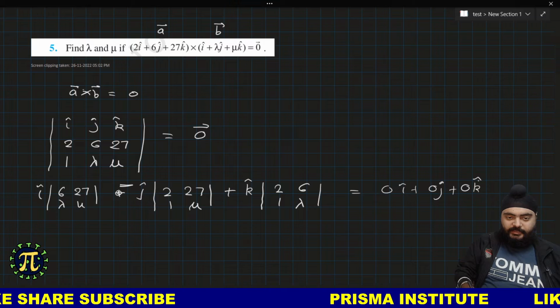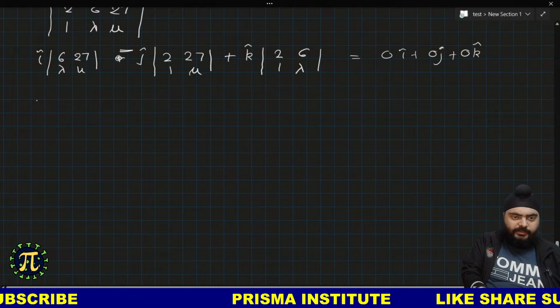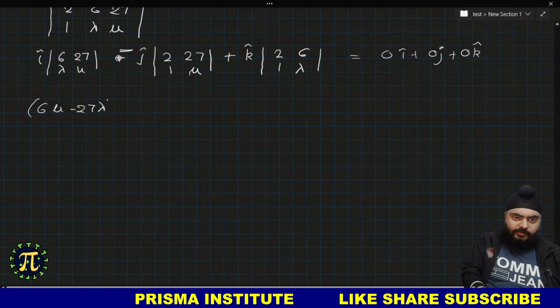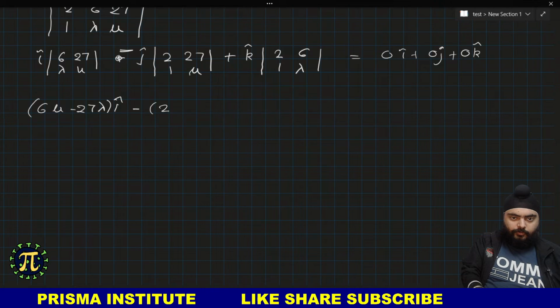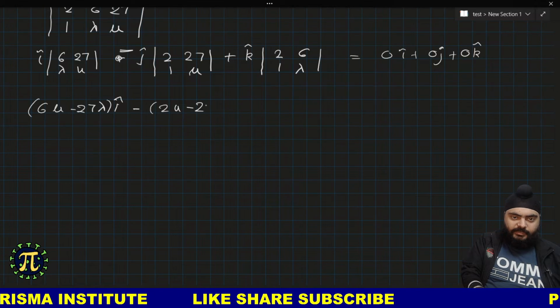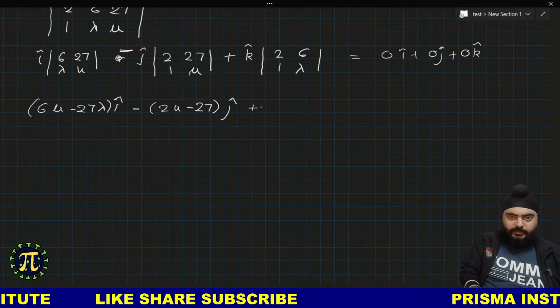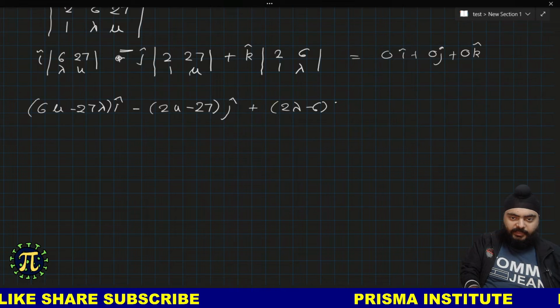And if two vectors are equal, their components are also equal, right? So let's simplify the LHS first. We get 6 mu minus 27 lambda i cap, then 2 mu minus 27 j cap, and then 2 lambda minus 6 k cap.